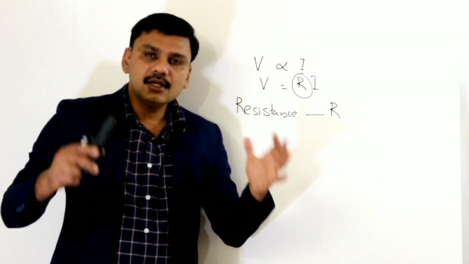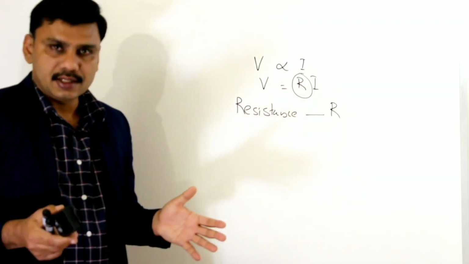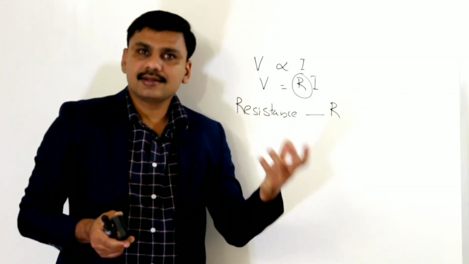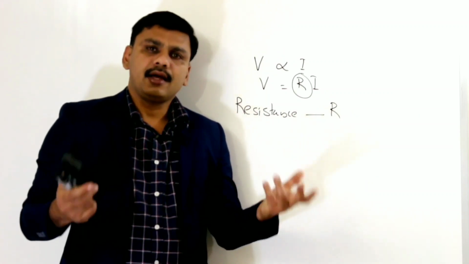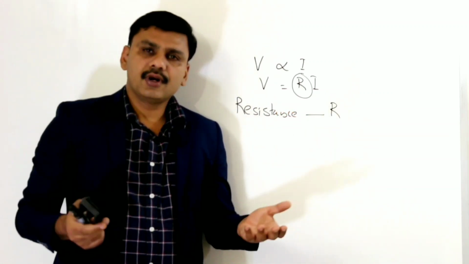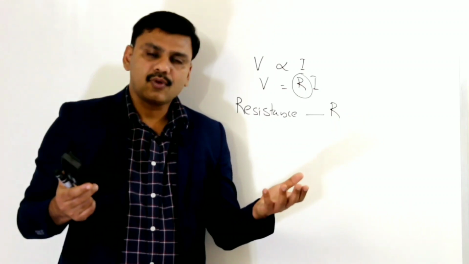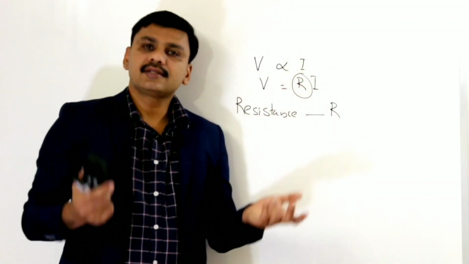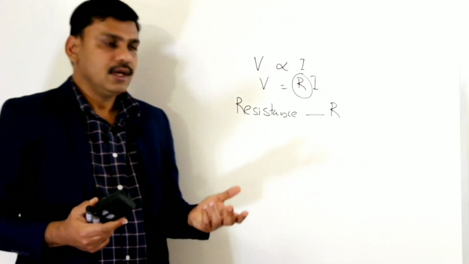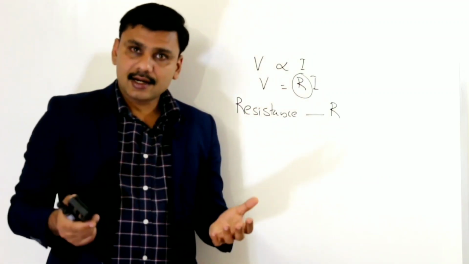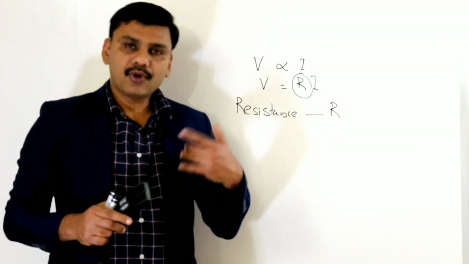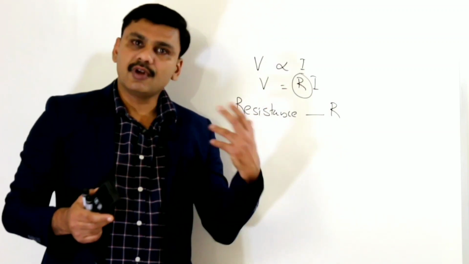From one material to another, resistance will change. You know that conductors have less resistance. For example, iron, silver and copper are conductors, they are metals. All metals are good conductors of electricity. So if a substance is a conductor of electricity, that means its resistance is less. For an insulator, the resistance will be high.